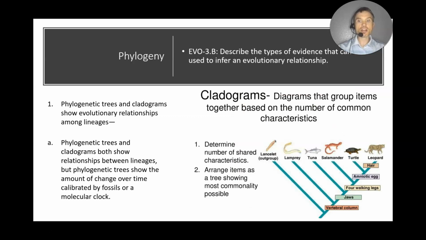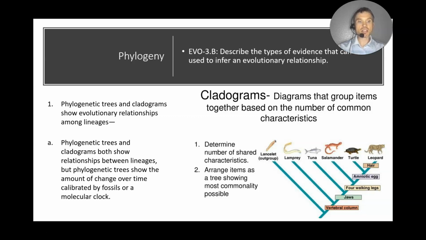The difference between a phylogenetic tree and a cladogram is that a cladogram is a diagram that groups items based upon a number of common characteristics. You can see in this cladogram right here that the length of the branches is not important, nor do you see a time scale.